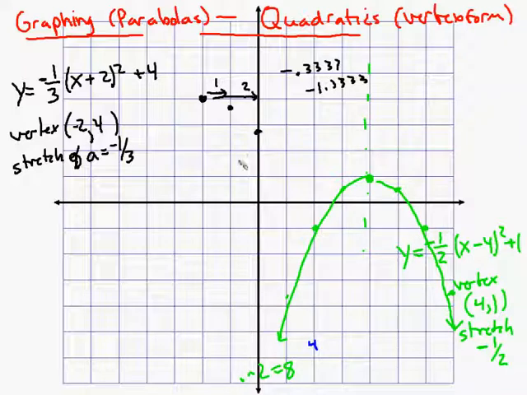If I go right 3, 3 squared is 9 times negative 1/3 is negative 3, so I go down 3. And these mirror over here.